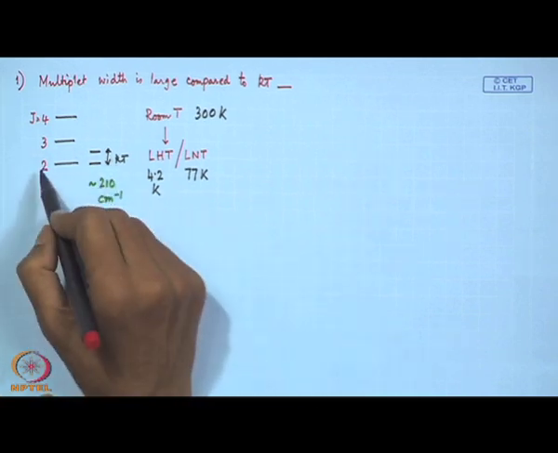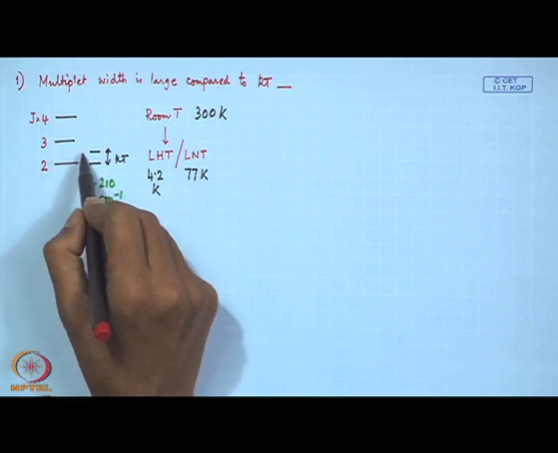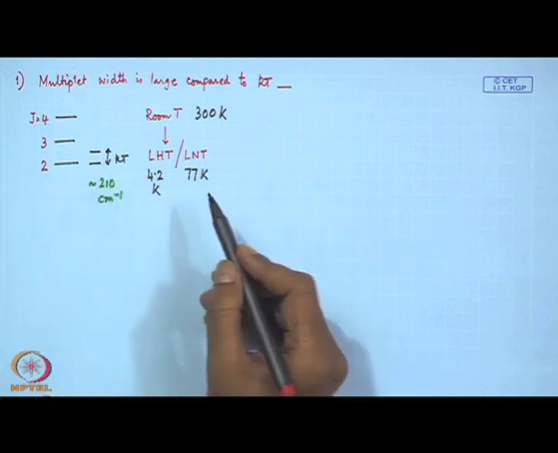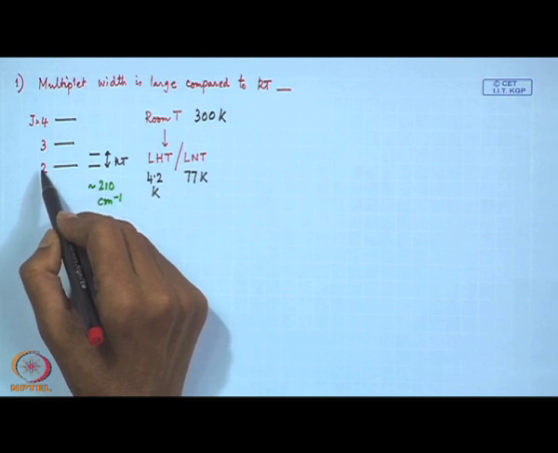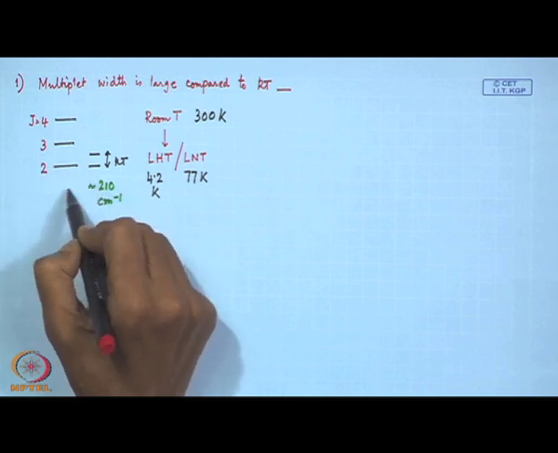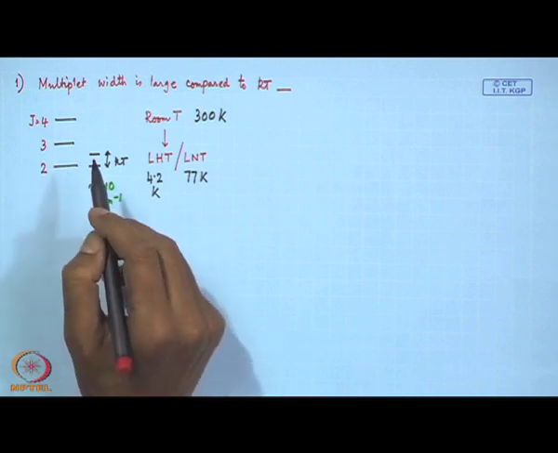So, whatever number of unpaired electrons are available will entirely populate the ground level, or the lowest energy J level.